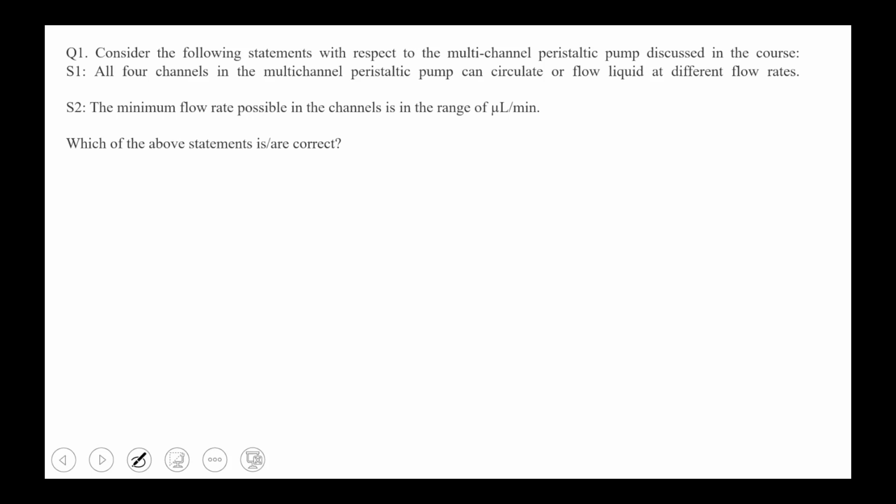So what is the application of that? If you see our human body, we have the heart pumping, right? We want to mimic the same kind of thing in the microfluidic channel, where liquid is moving at a flow rate. We use these kinds of peristaltic pumps, mimicking our internal body structure.